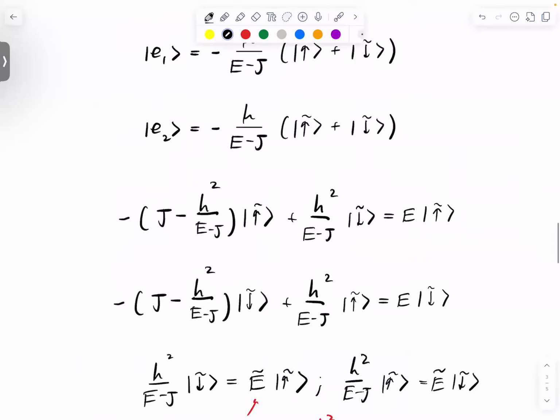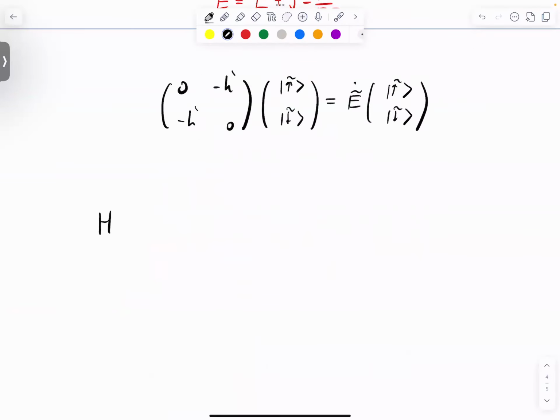So all this is coming to say that I want to argue that H prime, the renormalized Hamiltonian, is going to be the sum over j of sigma Z j sigma Z j plus 1.